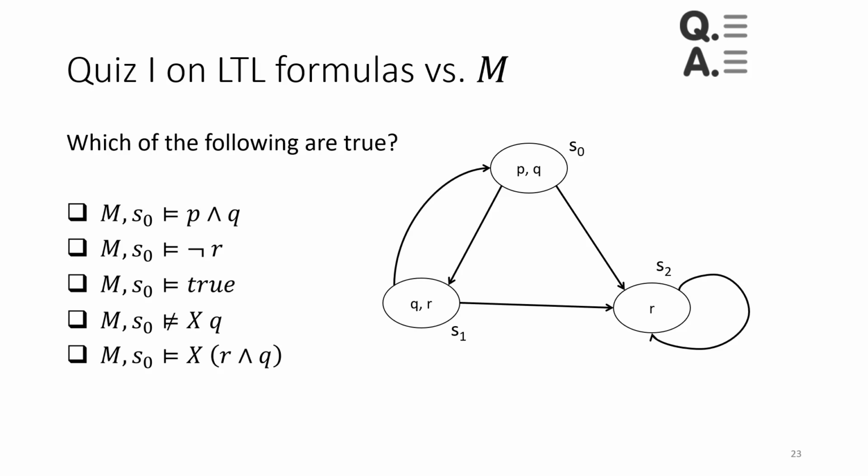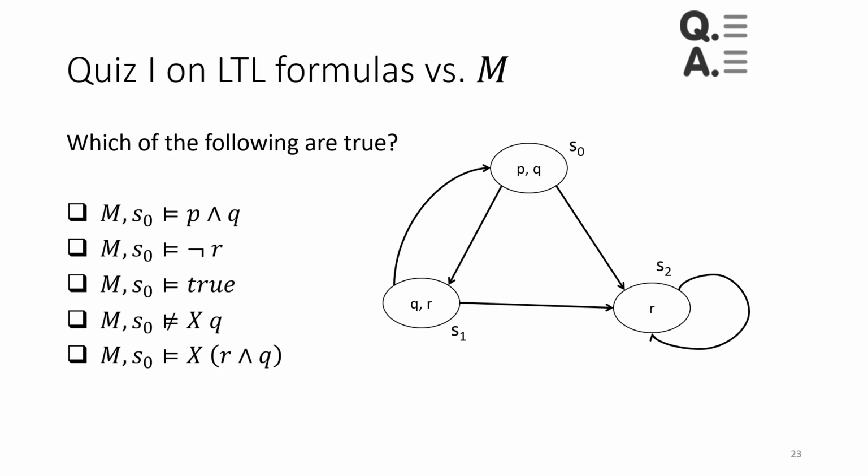And it's labeled with P and Q. So this means that this formula here is satisfied. So although we're now asking for all the paths that start from S0, if we only look at the initial elements, then that's very simple, right? It gets a bit more complicated when we look at the next element, because then there might be multiple next elements that we would have to consider.